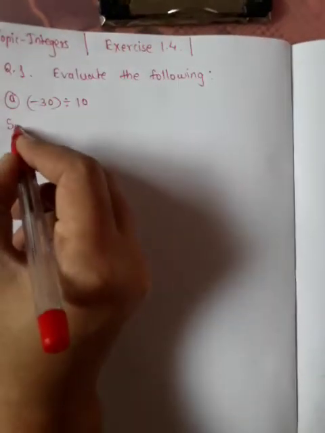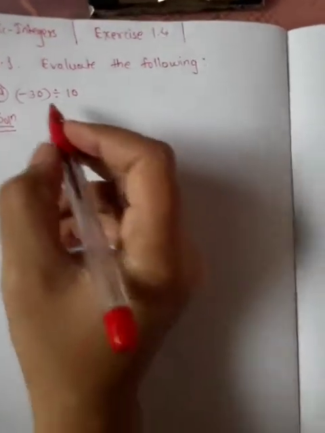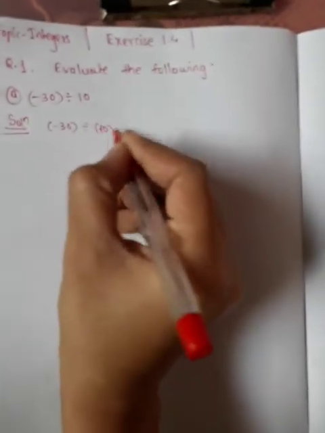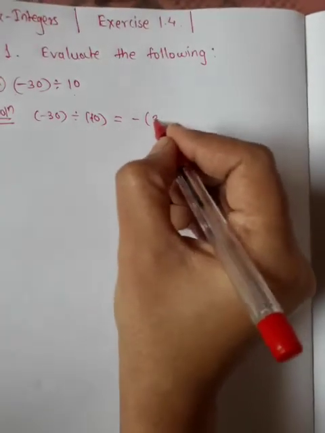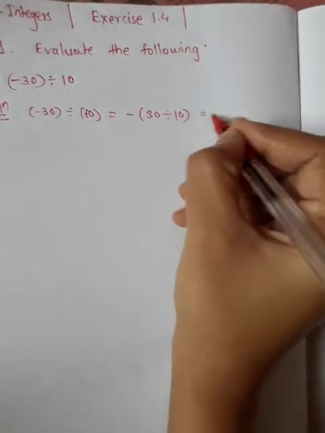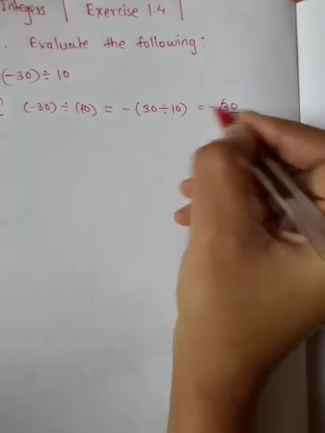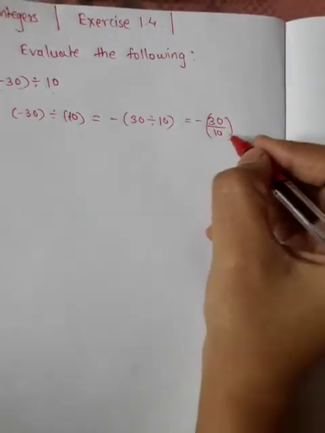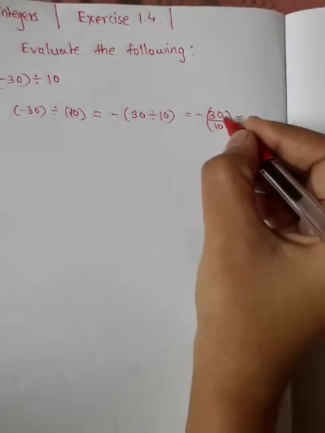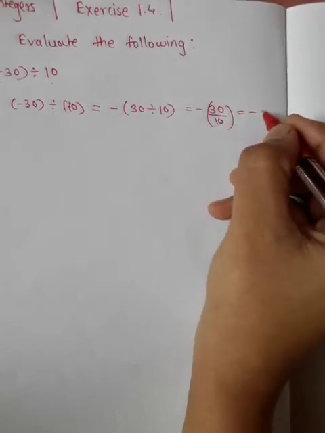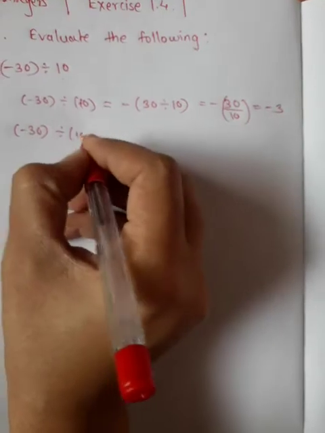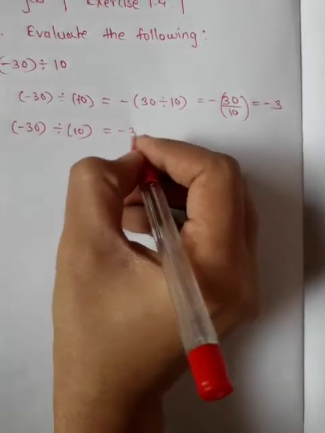We know that when we divide a negative integer by a positive, we take the negative sign outside and divide them as whole numbers. So it gives the minus sign as it is, and 30 upon 10 is 3. Therefore minus 30 divided by 10 gives you minus 3.